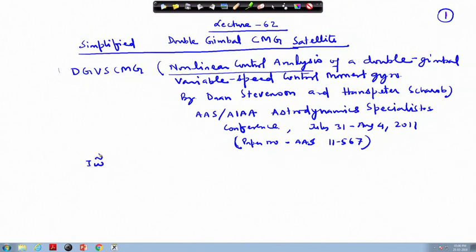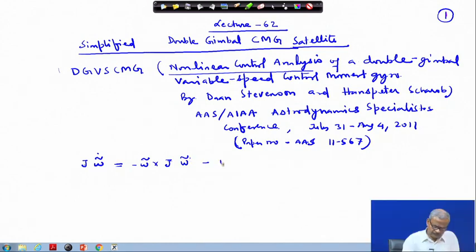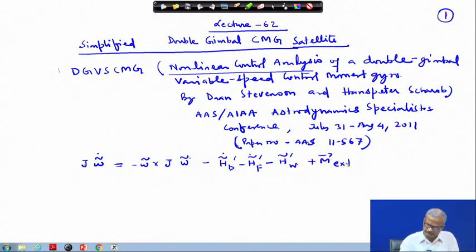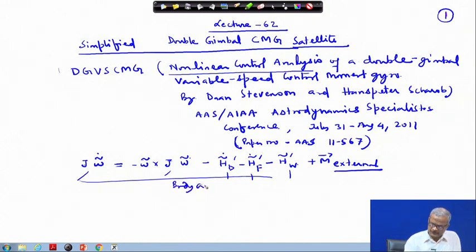We have derived this equation, or we have written it in terms of J. This is the equation we have written, and all the quantities were converted into the body axis, where G and all these quantities are listed in the body axis.